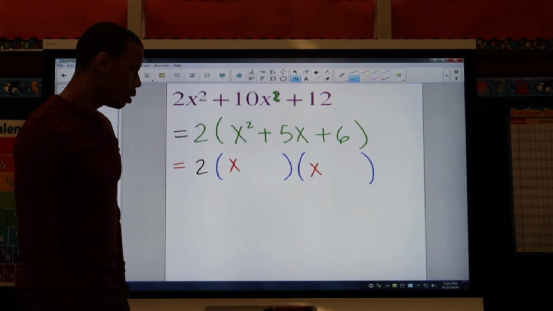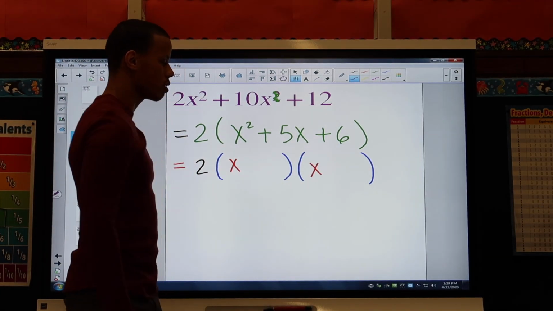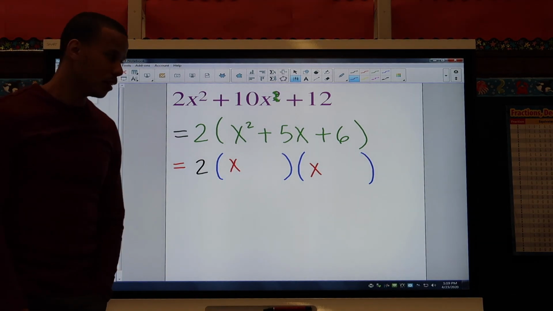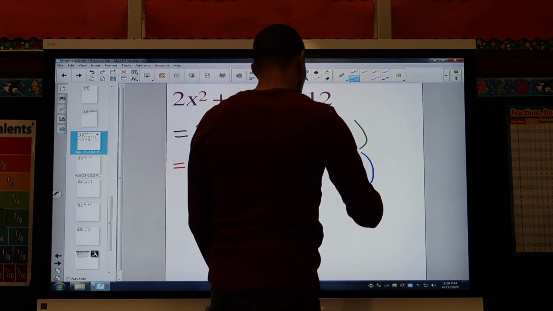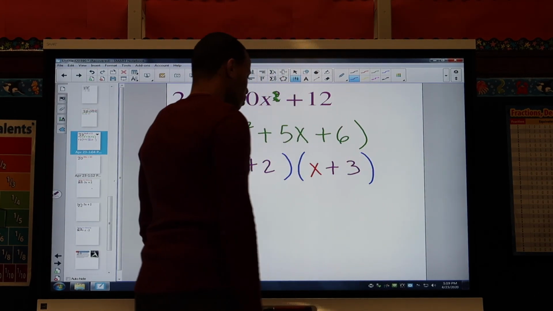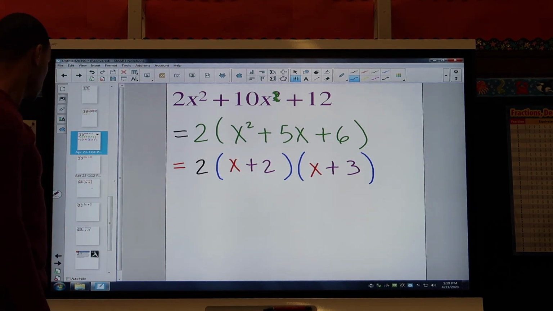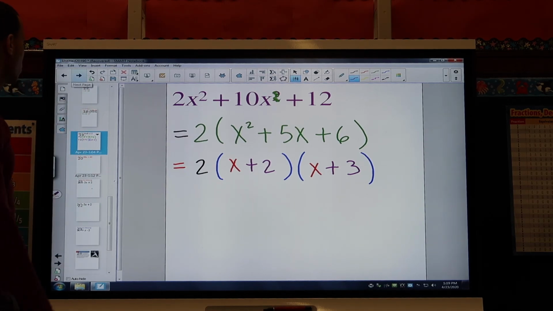And then I'm looking for two numbers that add up to 5 and multiply to 6. So I'm thinking that should be 2 and 3. So this will be plus 2, and then this will be plus 3. There we go. So now, let's go ahead and do the next one.